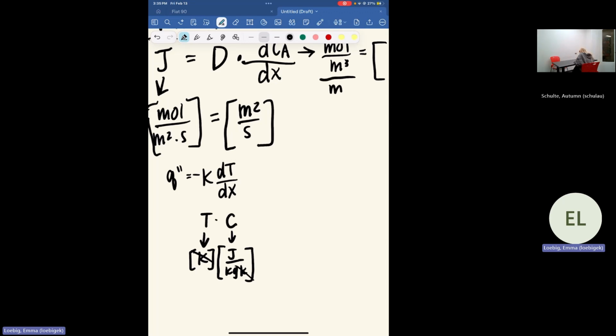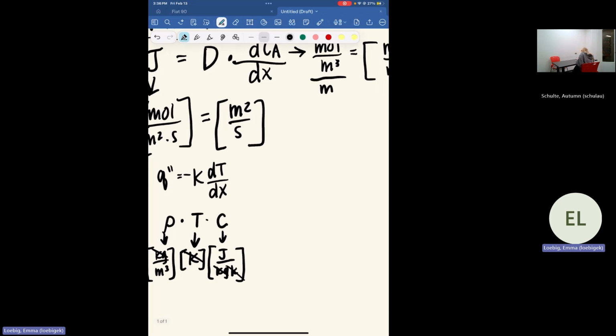Now we're taking a derivative with respect to position. So because of that, we need to relate our kilograms to spatial units. To do so, we are going to multiply this by the density rho, which has units of kilogram per meter cubed. Multiplying this across, our kilograms cancel, and we are now in units of joules per meter cubed, or energy per volume.